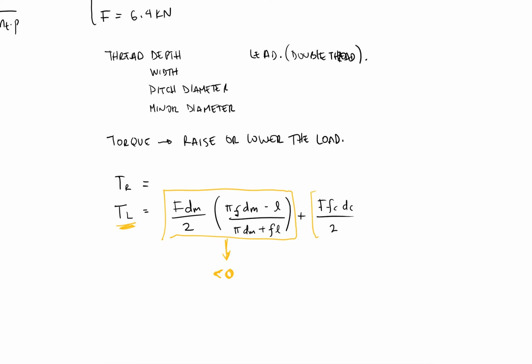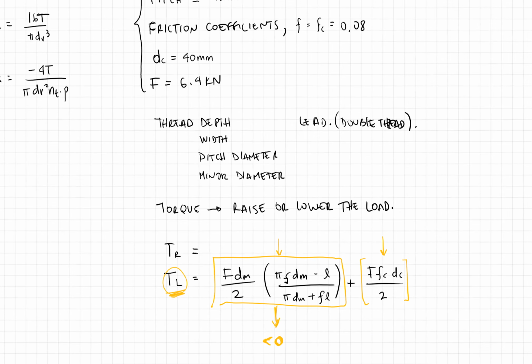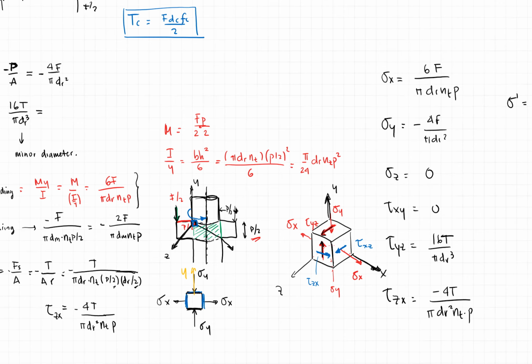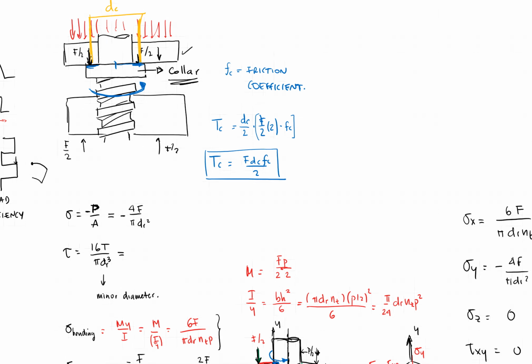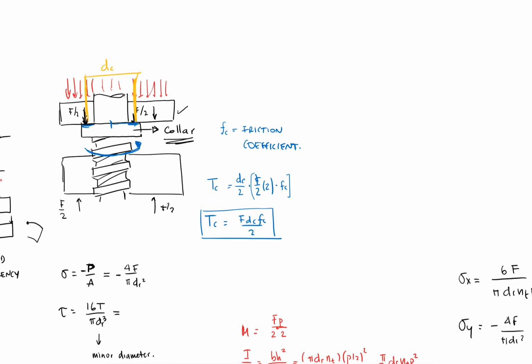Fortunately, this other term comes from the collar. So like the force and the total torque that I need to overcome, not just the load, but the friction that the collar is causing to the screw. So let's go back to the collar. Yes, I need to overcome all of this friction and all of the forces that we analyzed to come up with that first part of the equation.